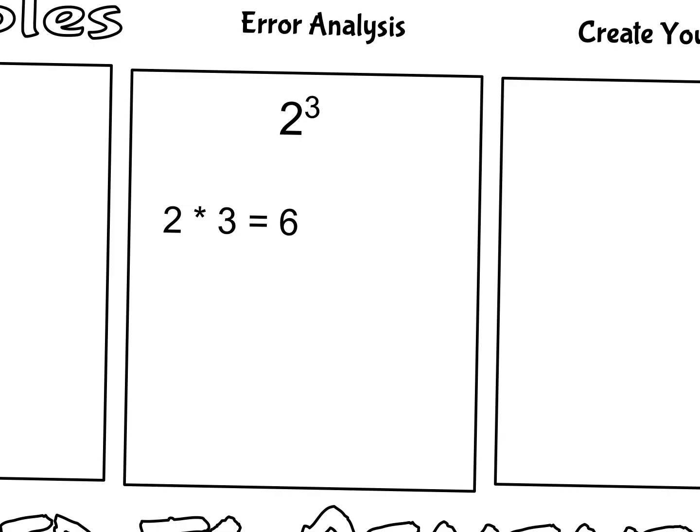Hopefully you noticed that this student made the common mistake of thinking that since exponents have to do with multiplication, they should take the base times the exponent. So their mistake was that they multiplied the two numbers.